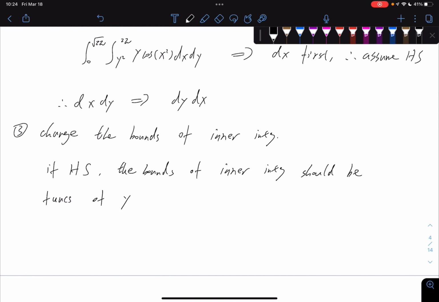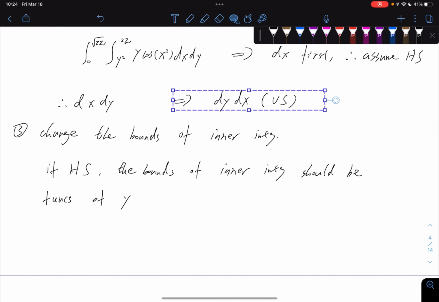Never mind, I take that back. It's horizontally simple to vertically simple. I make that mistake. Sorry about that.